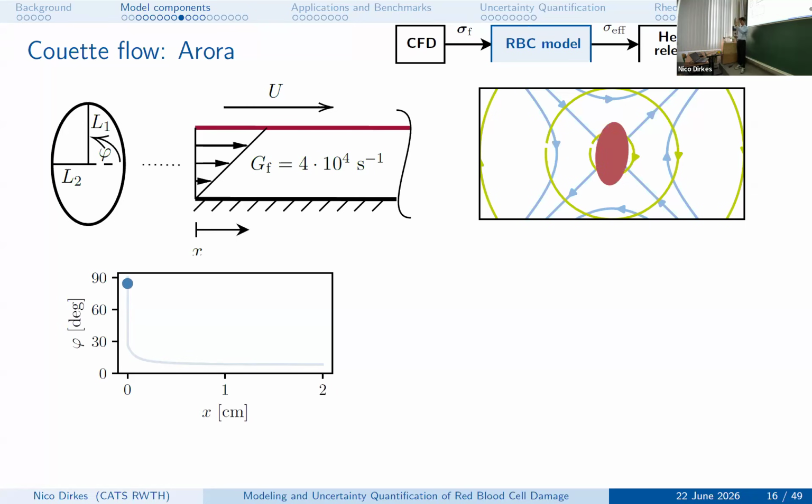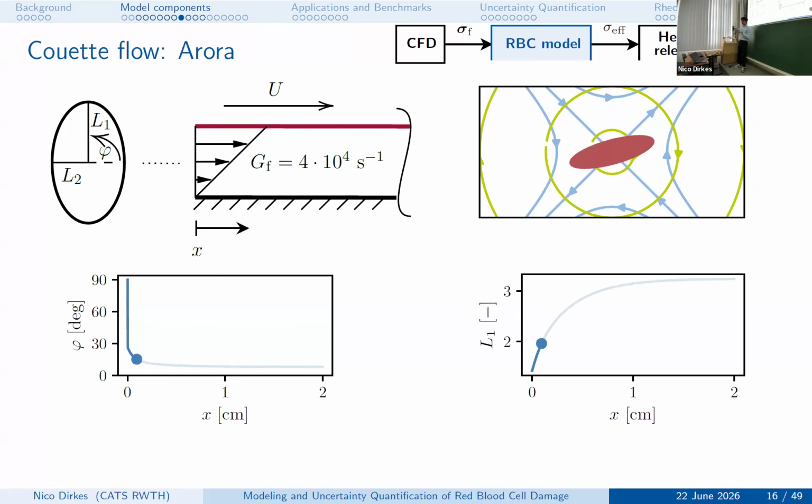And essentially what happens quickly is the cell aligns to some orientation. And this is the tank treading orientation that I showed you before. So this fixed orientation in the flow that the cell is transported at. This happens almost immediately, and then over a much longer time scale, the cell starts to deform to basically respond to the magnitude of the shear rate in this flow.